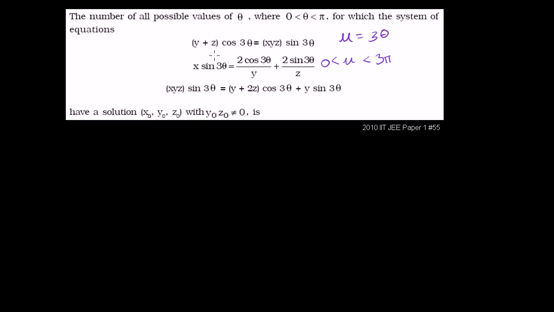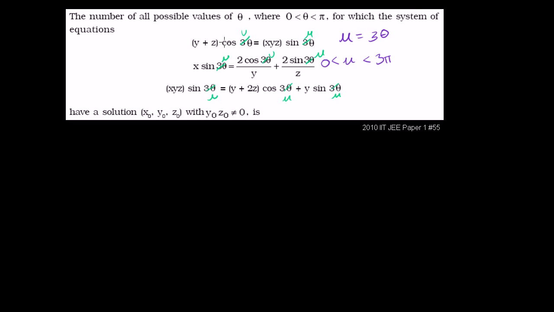And also, I'm going to rearrange these so that they start to at least look a little familiar, and see if we can somehow start manipulating these equations and actually try to cancel out terms. So this first one up here, let me distribute the cosine of 3 theta, which we'll now call the cosine of u. So this is u, this is u, this is u now, this is u, u, u, u, and u.